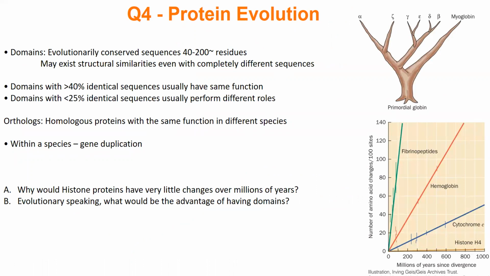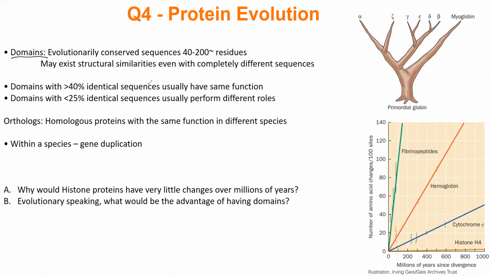And looking at protein evolution as a whole, we can figure out some interesting things about proteins in general. One thing that we can learn about this is the existence of what are called domains.